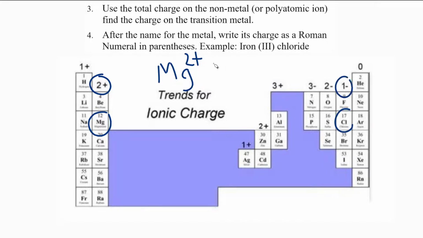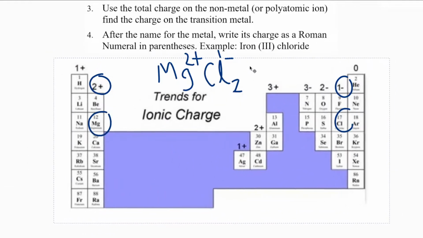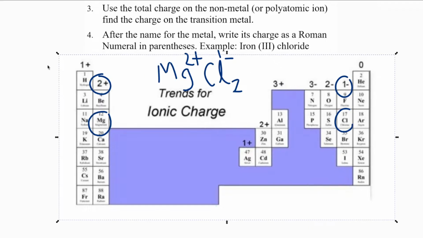All of these are 1- when they form ions. So I know that I have to have 2 of these. Because of that, I don't need to say dichloride because everybody knows it's MgCl2 based on the charges. That's how ionic compounds work. You worry about the charges, but you don't have to say dichloride, just call it chloride.